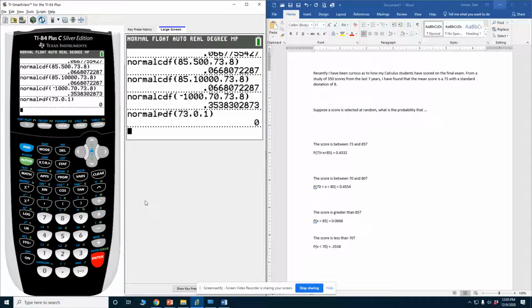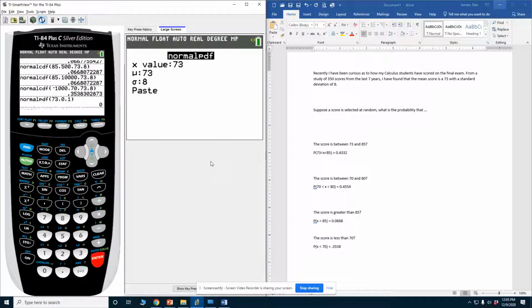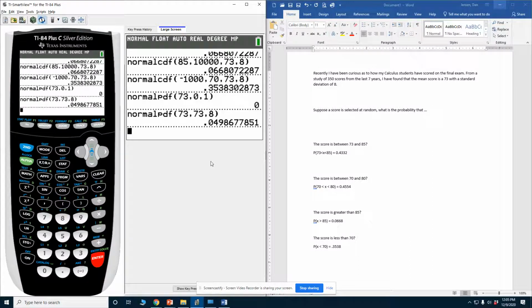It can't be exactly 73. So we're just not going to use, oh, I'm sorry, I did that wrong. We're still going to not use the normal, I forgot to change this, right, with a mean of 73 and a standard deviation of 8. Okay, we're not going to use that. What we're going to get here is 0.04986.